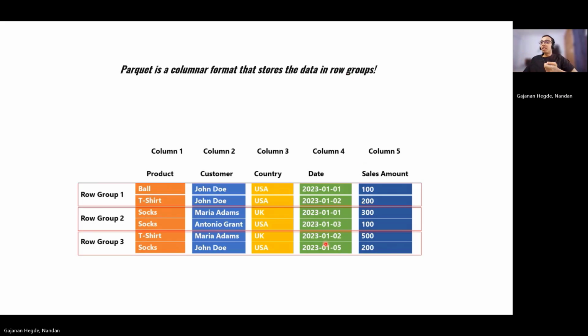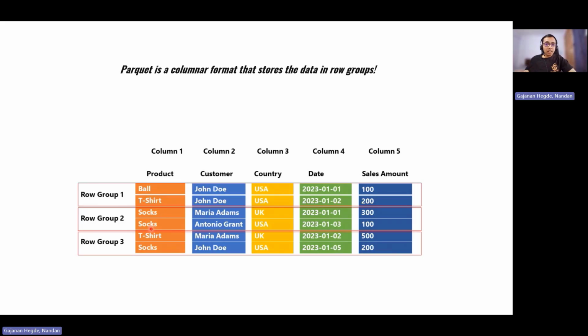Meaning, if you see, the columns are separated, but the rows are combined in the form of groups, row groups. So there is some aggregation at the row level as well.